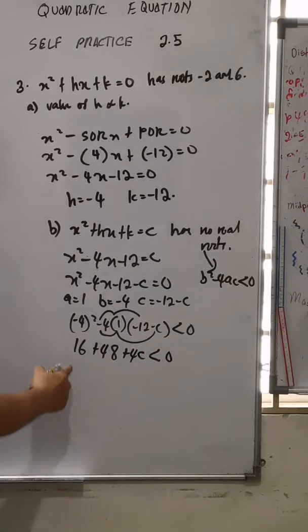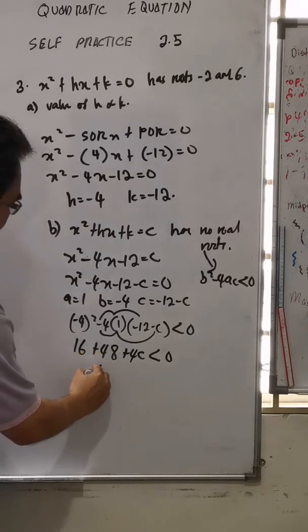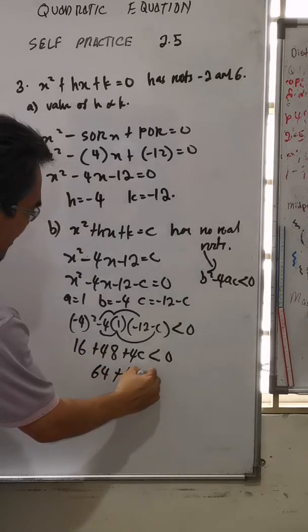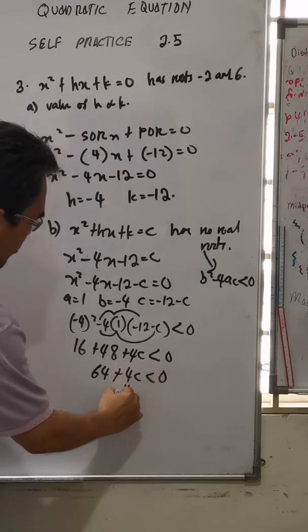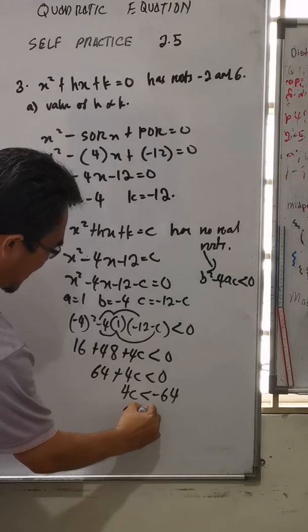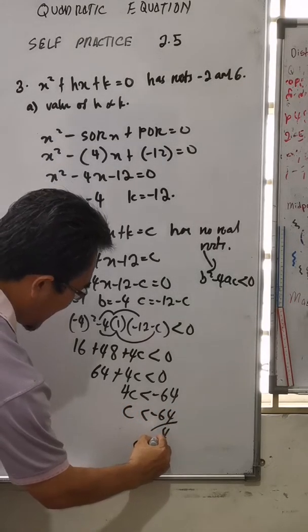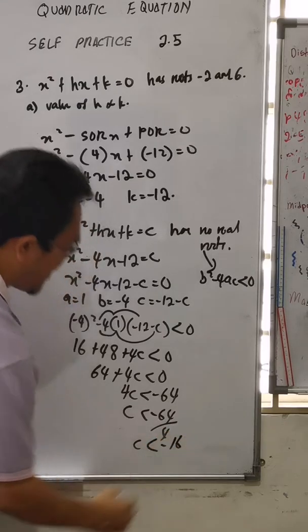If we add these two, 64 plus 4c less than 0. So 4c less than negative 64, c less than negative 64 over 4. So c less than negative 16.